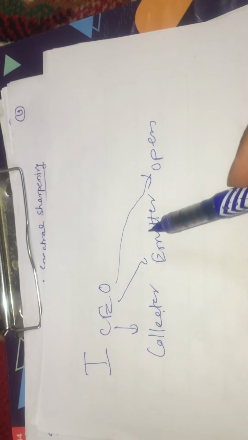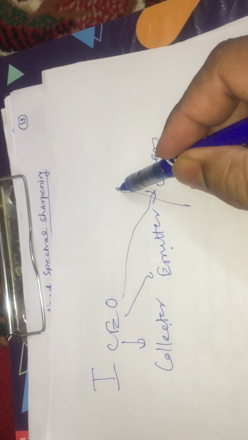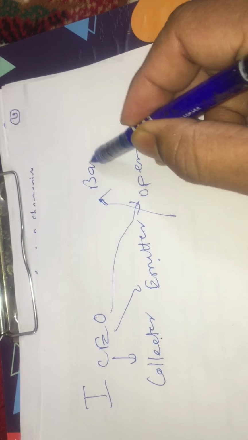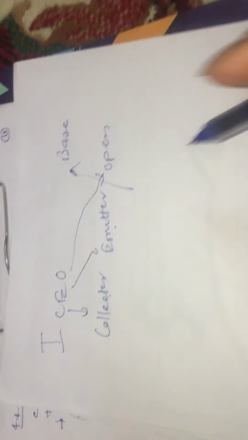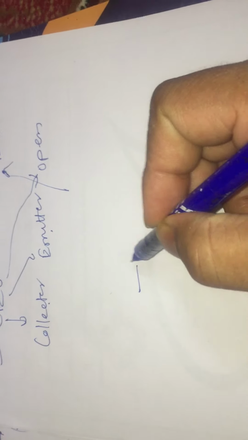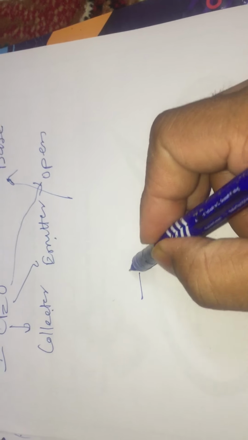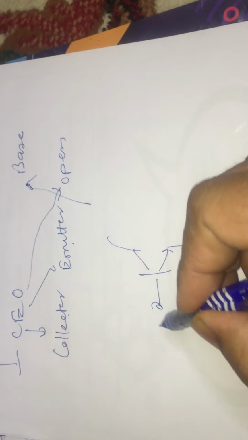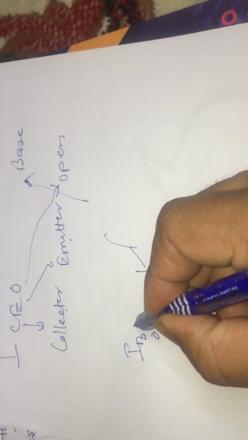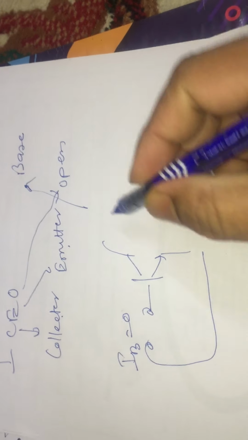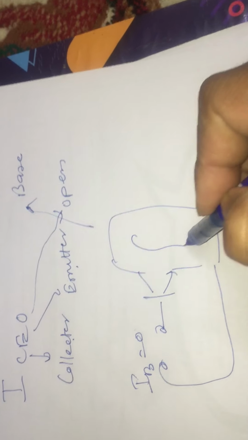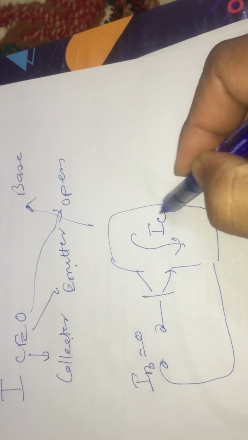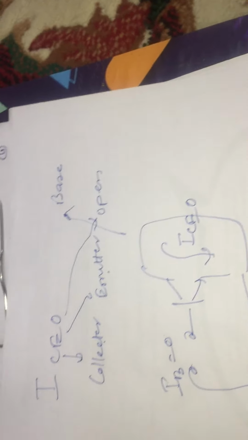So obviously collector and emitter are there, and the third terminal will be open. Which one is open? Here the base is open. We can define it as the collector to emitter current when the base is open, and we can also indicate it from the figure. Base open means the base current is 0, and this current is ICEO. It is the collector to emitter current when the base is open.